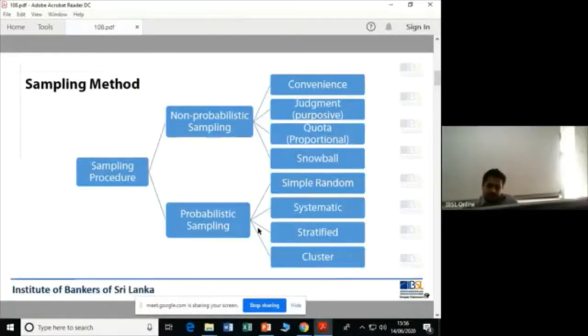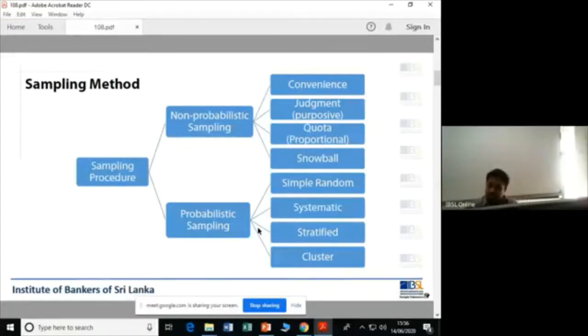If we take a brief deep dive into the sampling procedures, non-probabilistic sampling is where you select the sample n not based on probability. We discussed this previously. Classically, when the word probability comes into the picture, random selection is the next thing that comes to mind, where we try to give equal opportunity for everybody to be present in our sample n.